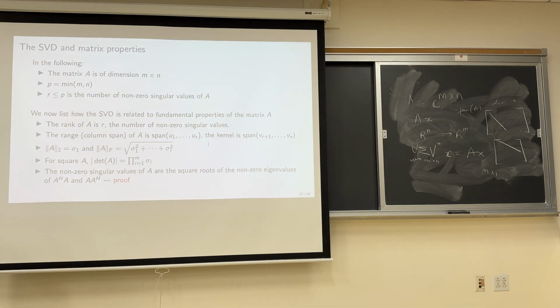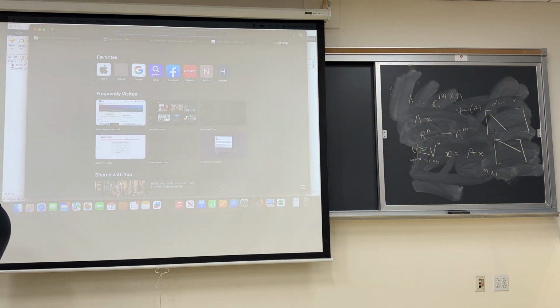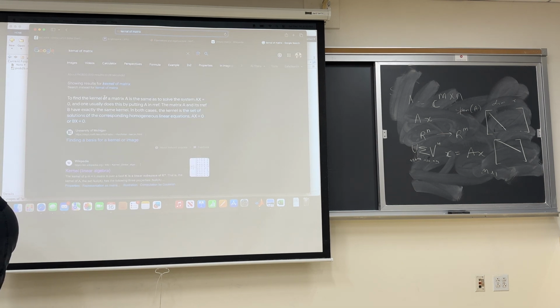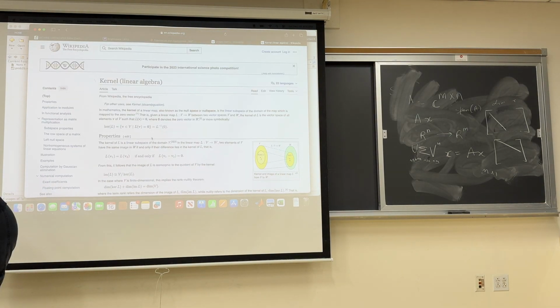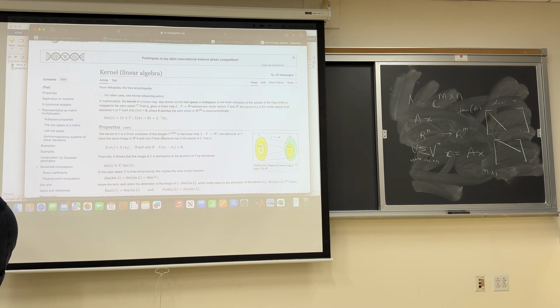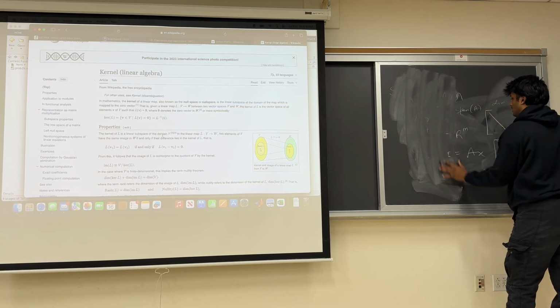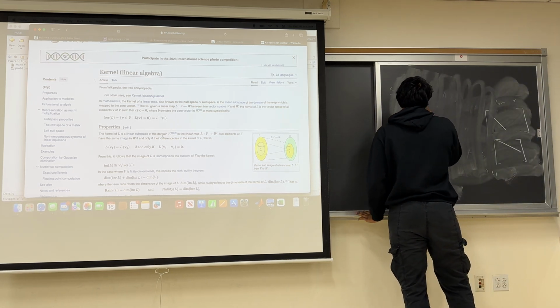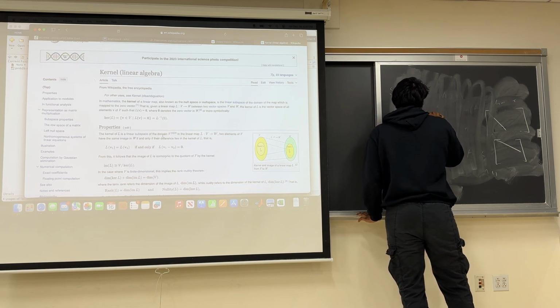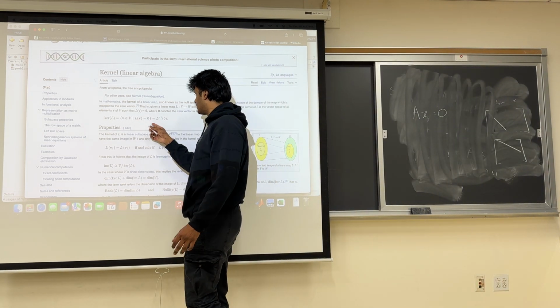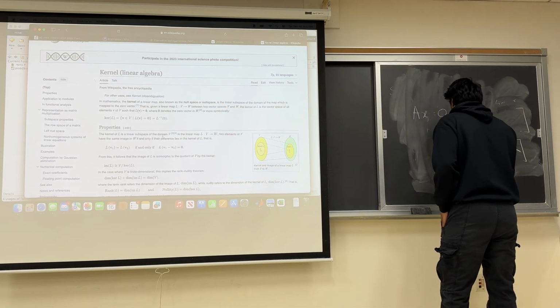Now what is the kernel of a matrix? Let me look it up. The kernel of a matrix A is such that Ax equals 0. The kernel of L is all of the inputs such that L of v is 0, so all of those x's which give me 0.